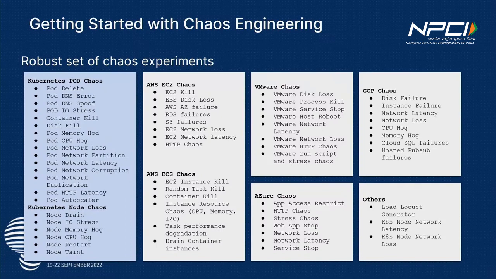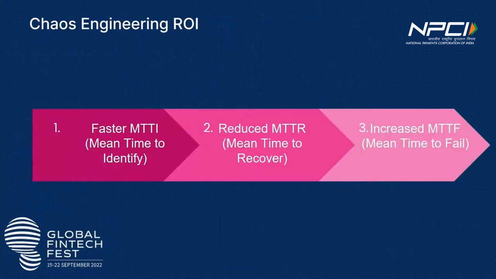Getting started with chaos engineering is very, very easy. You got about 75 types of faults. So at a start level, you can do basic chaos engineering within a week, right? Or within a few weeks, right? You got most of the things that are readily done for you, right?